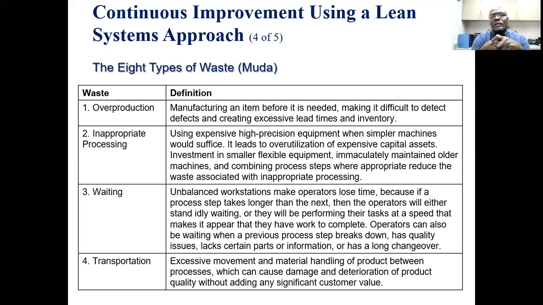The second form of waste we have here, inappropriate processing, arises in situations where the resources that we use to manufacture product do not fully match what is needed to be able to give you the type of output we have. And this could arise in a variety of ways.